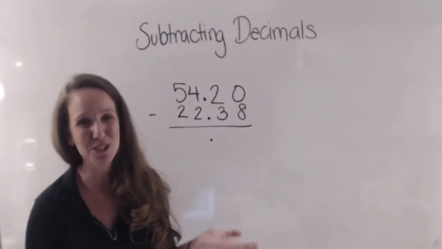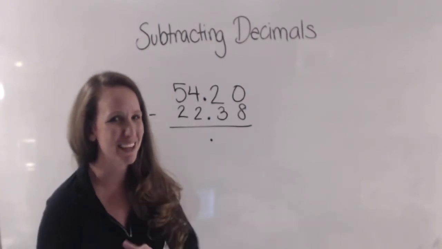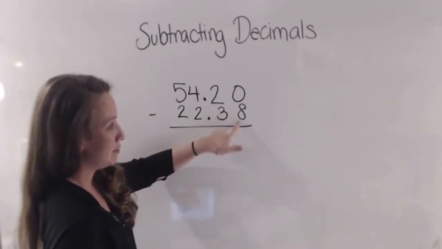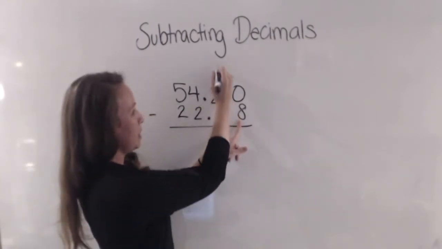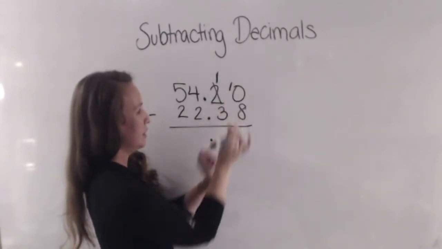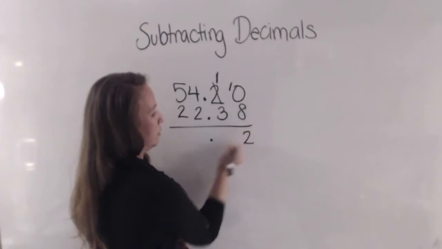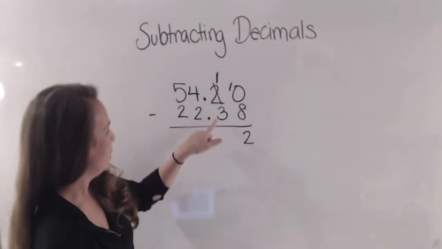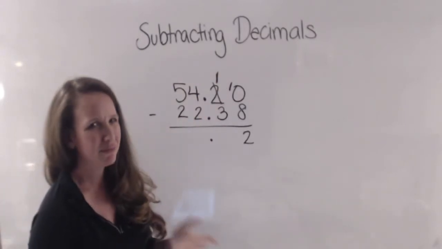Now I know how to do my subtraction. It involves a little bit of regrouping, but I think I can manage it. If I want to subtract 8 from 0, I need to regroup from here, borrow 1, and bring it over here. 10 minus 8 gives me 2. Now, 3 taken out of 1. I can't do that either.